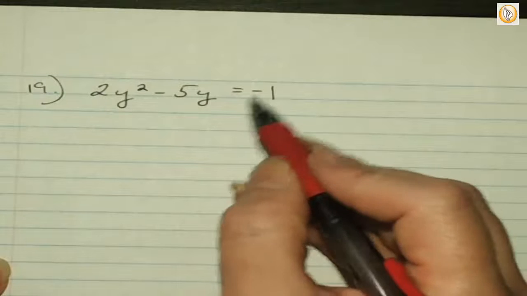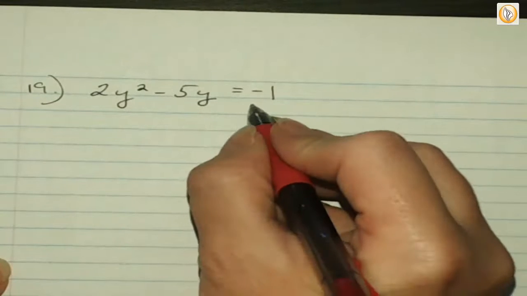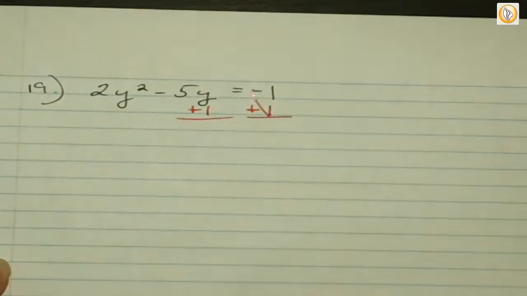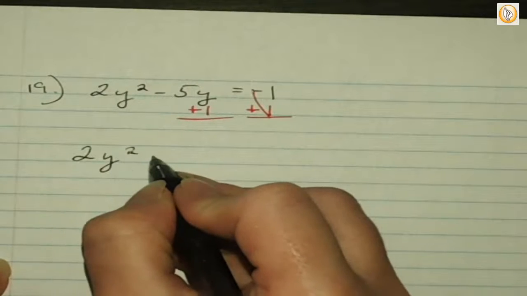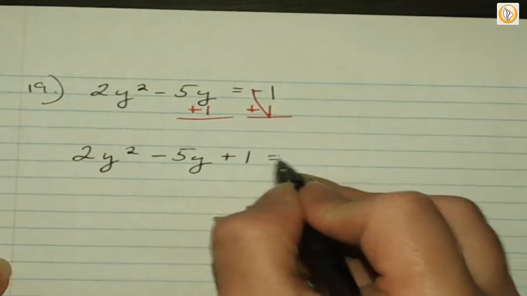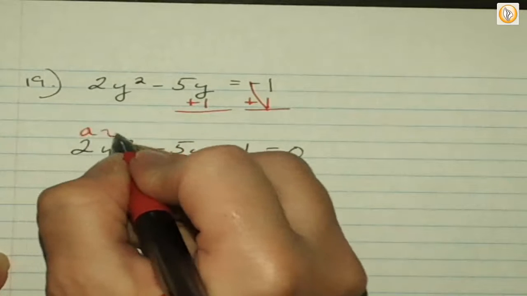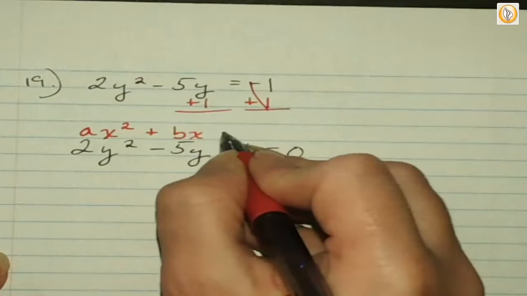We got to move the negative 1 over, and we do that by adding 1 to both sides. So now I have 2y squared minus 5y plus 1 equals 0. Now it is in standard form. Do you understand, Michaela?